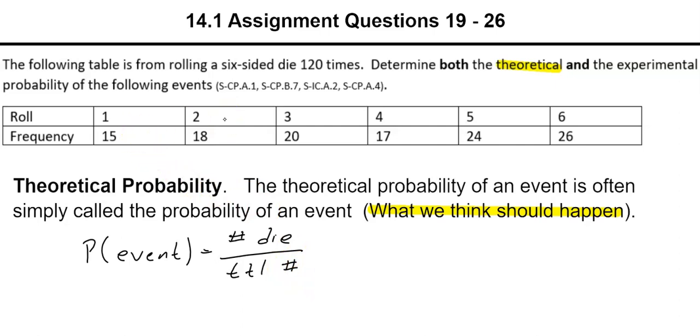For instance, what is the probability that I get a 1? Well, there's one way to get a 1 and there are 6 outcomes. That's what theoretical probability is. Based on just looking at the object, how many ways can I get what I'm looking for, divided by all the ways that it could happen.